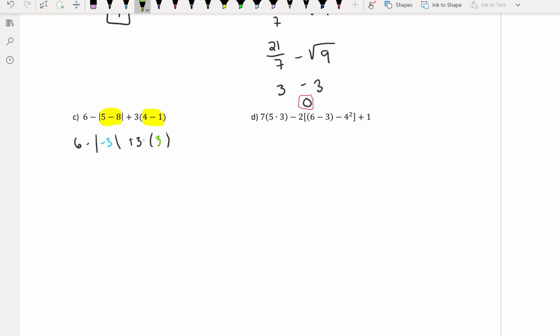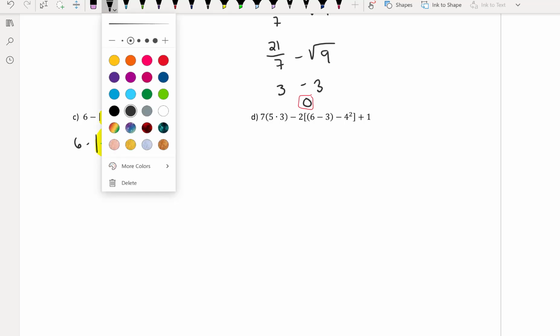Okay, so now I still have sort of like a grouping symbol, and that would be the absolute value. With that absolute value, I need to think about what this is going to be. So I'm going to copy down what I have.